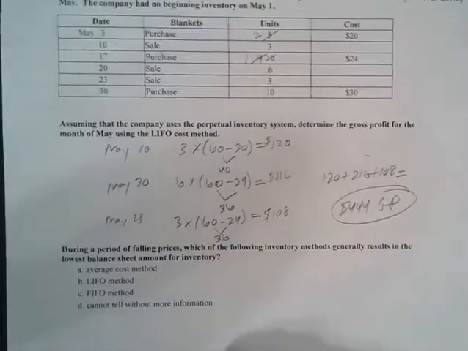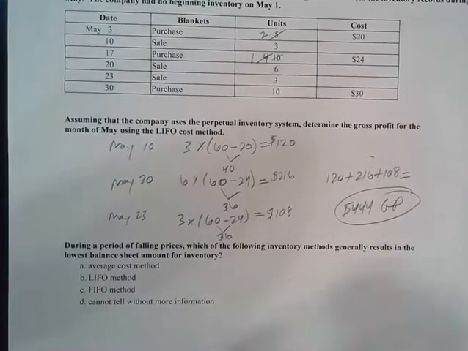Looks like we have one more question. It says, during a period of falling prices, again, I will reiterate that this is not what you normally see, but it does happen. Which of the following inventory methods generally results in the lowest balance sheet amount for inventory?